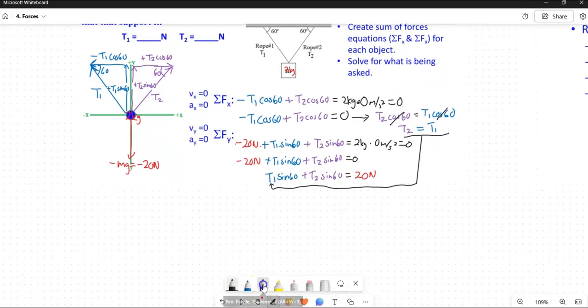So now we have T2 sine of 60 degrees plus T2 sine of 60 degrees equals 20.